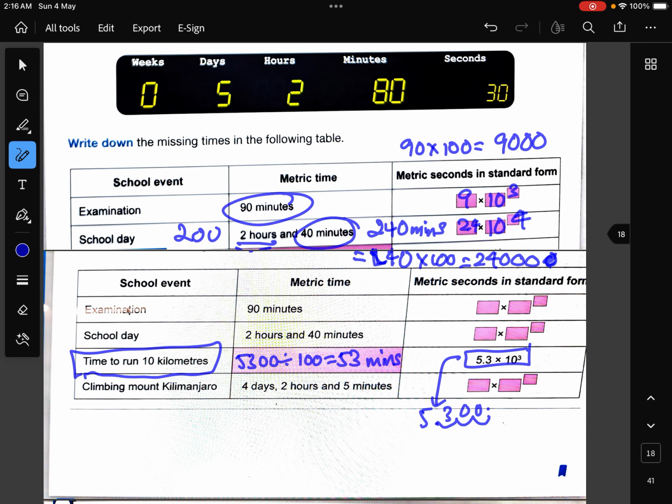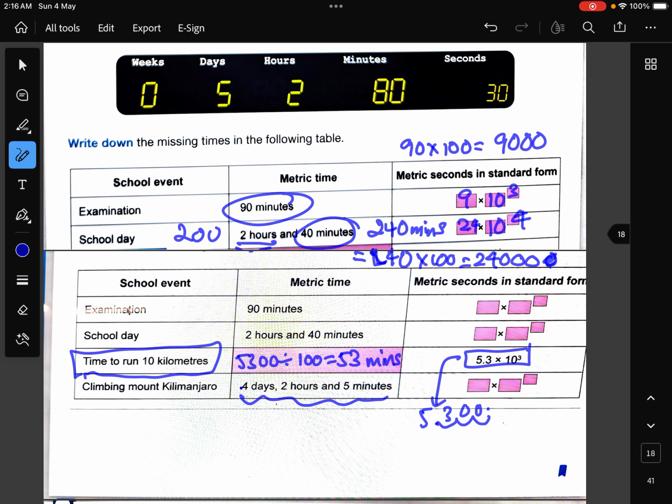And finally, which is converting 4 days, 2 hours, and 5 minutes. So we just have to convert each component into seconds. Okay, but before we do that, we can obviously find out that in a metric time, 1 day is the equivalence of 10 hours, which is a very short time.